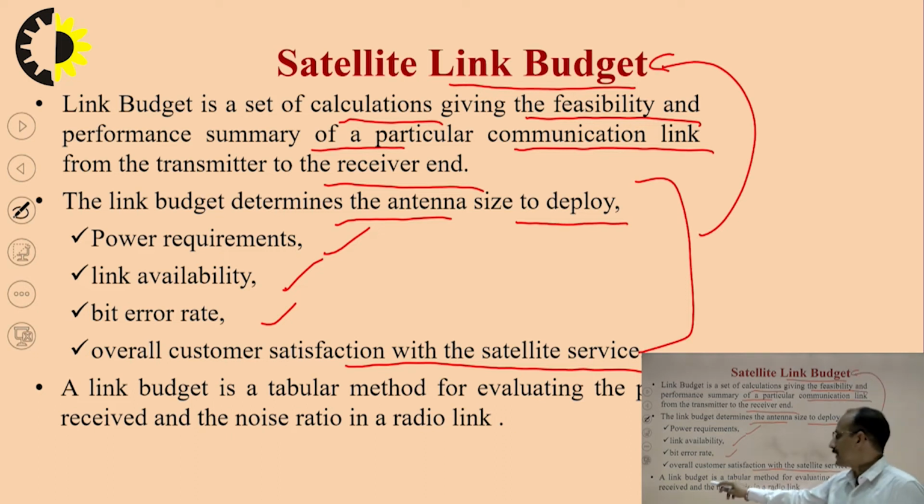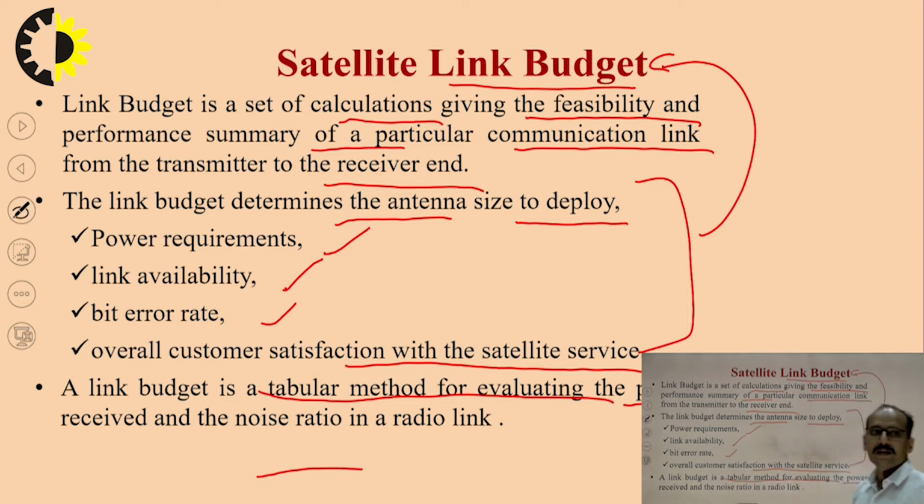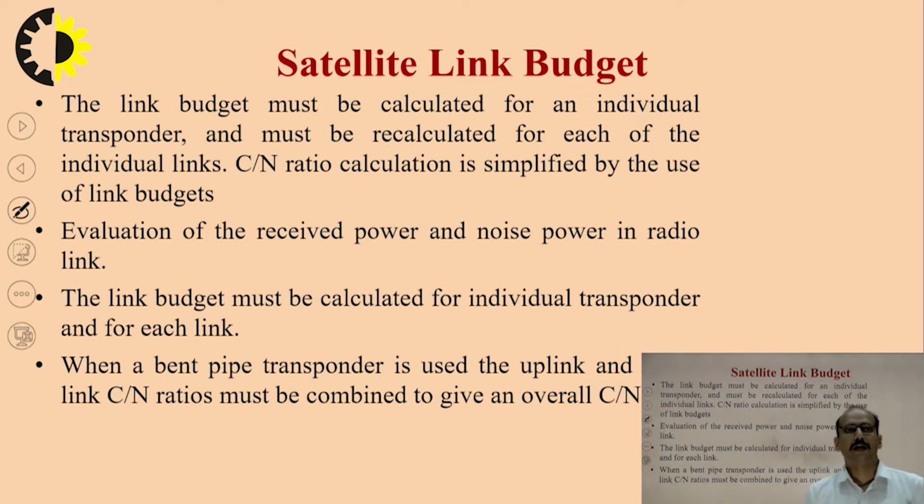So a link budget is a tabular method for evaluating the received power and the noise ratio in the radio link. This is the complete picture of the satellite link budget. Now the link budget must be calculated for an individual transponder. If you are using a Ku band, K band or C band transponder, for each individual transponder you have to calculate the link budget, and it must be recalculated for each individual link with respect to the earth station.